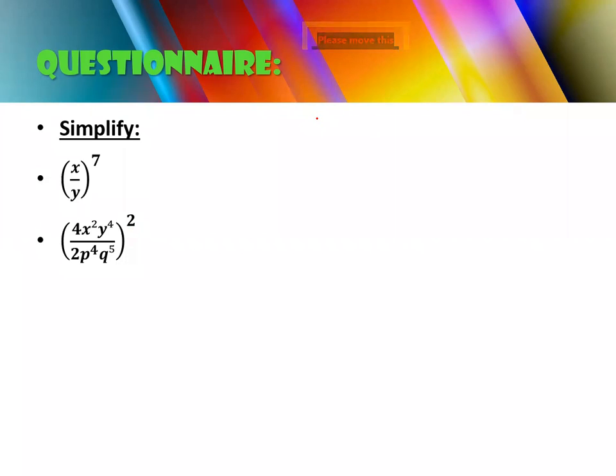Where are you, students? Okay, those who have solved this one, they can solve this one as well. This is very simple and easy.